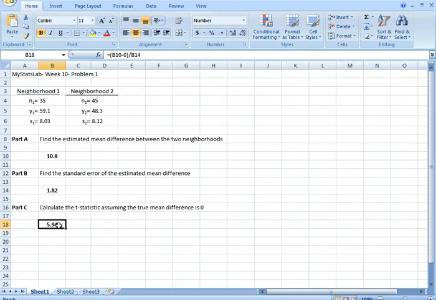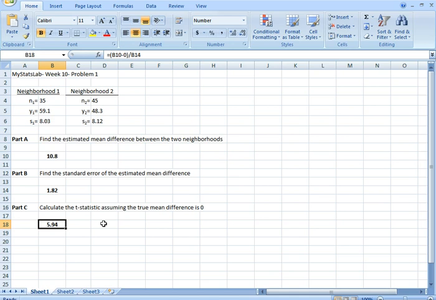We'll click on the cell here and we'll see that we're taking B10, which is the estimated mean difference that we found, minus 0 because we are assuming the true mean difference is 0, and we're going to divide that by B14, the standard error that we just calculated, and we come up with our t-statistic to be 5.94.